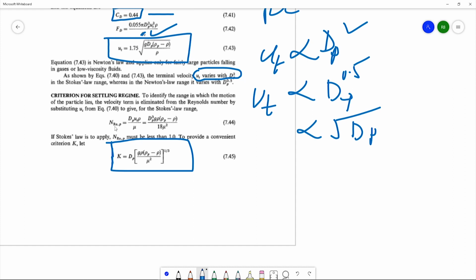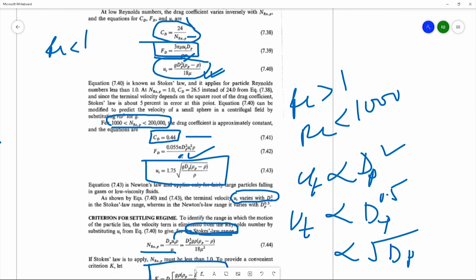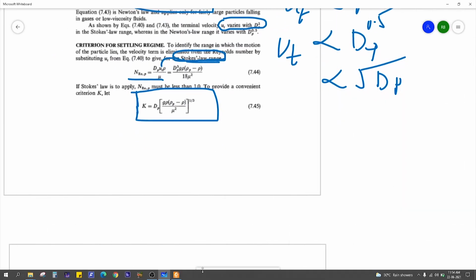The Reynolds number is this, and you put in the terminal velocity formula from Stokes law. We are talking about Stokes law. So you put the terminal velocity from this equation, and then you will get K equal to this.